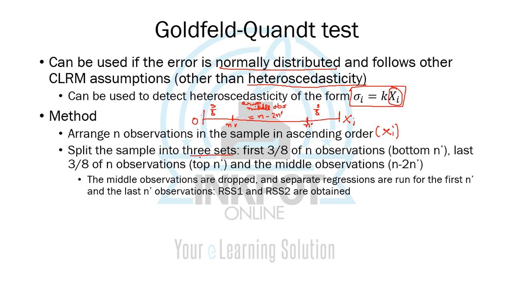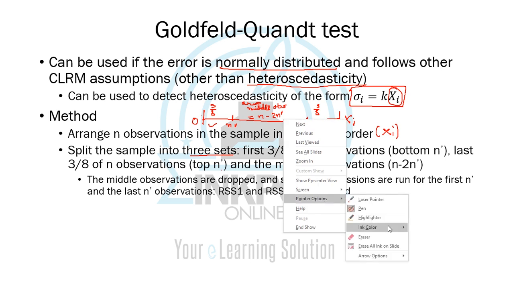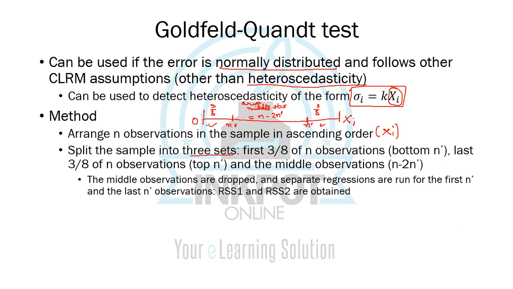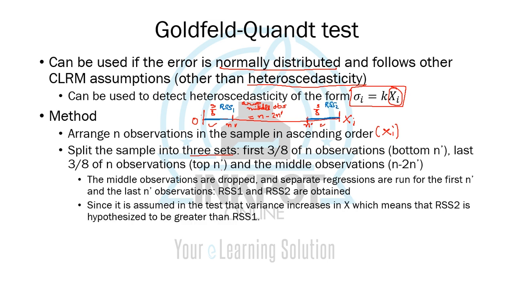And what we do is we run separate regressions for the top n prime and the bottom n prime, and when I run regression for this sample and this sample, I'll get the residual sum of squares from both of them. So I'll get RSS here as well. I'll call this RSS1. I'll get the residual sum of squares from the bottom n prime. So I'll call this RSS2.